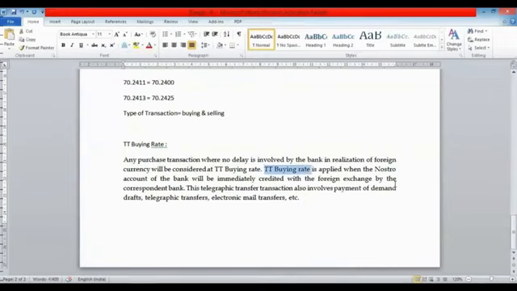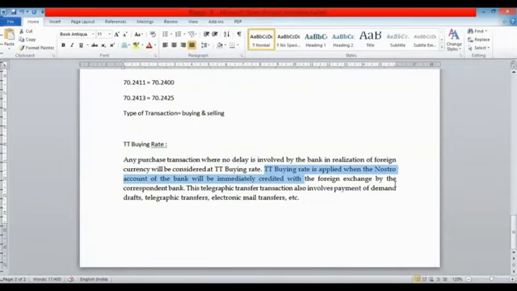That means the buying rate is applied when the Nostro account of the bank will immediately be credited. Nostro account means when a home bank is maintaining a foreign account. Credited means the bank is able to get the deposit of foreign currency in their account.